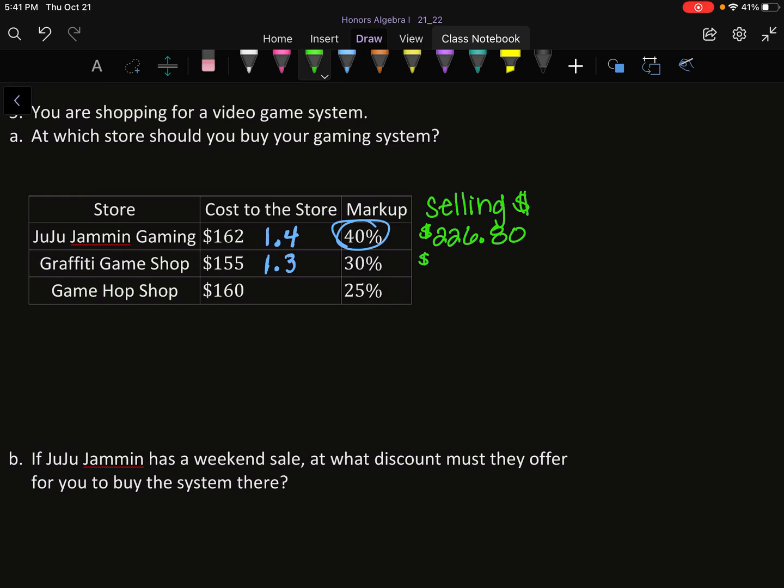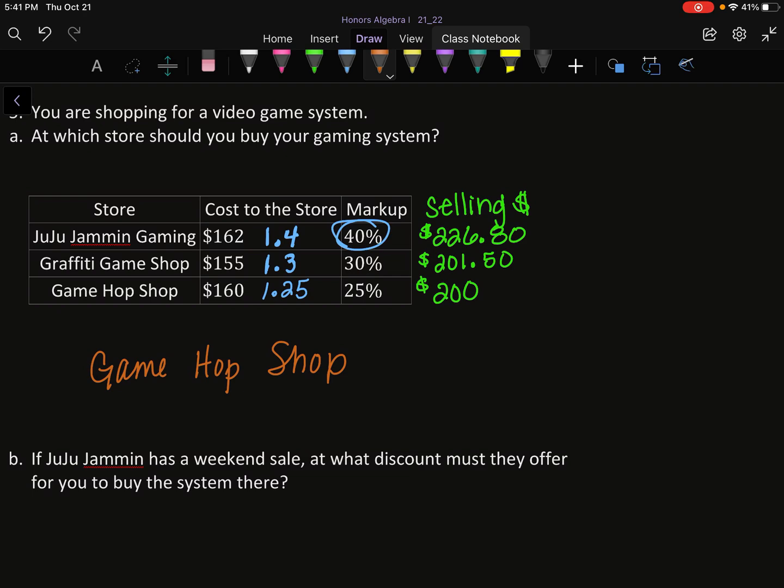That's going to be 201.50. And then 160 times 1.25 for a 25% markup, and that's 200 even. So at which store are we going to buy it from? Obviously Game Hop Shop. It's the cheapest there.